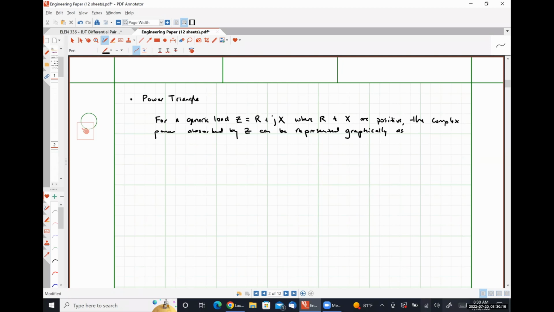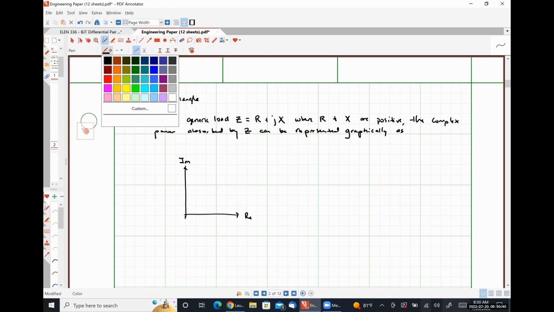So effectively, I'm just going to make a simple complex plot that represents our complex power. So our vertical axis here represents the imaginary portion of the complex power. Our horizontal axis here represents the real portion of our complex power.